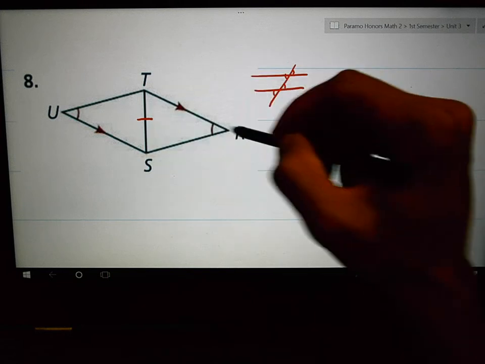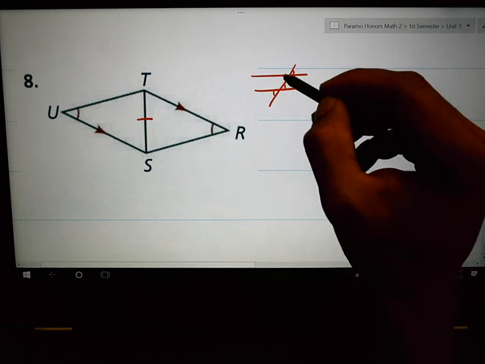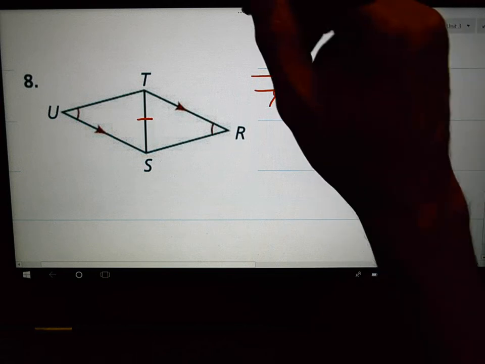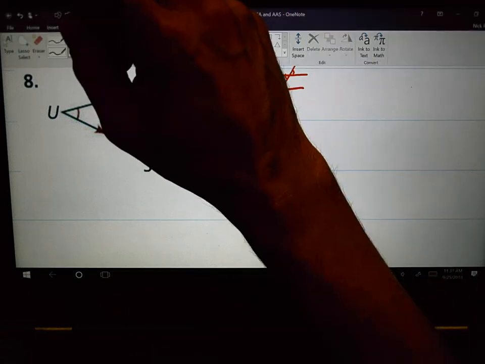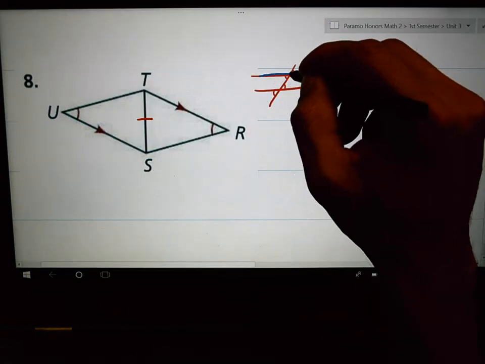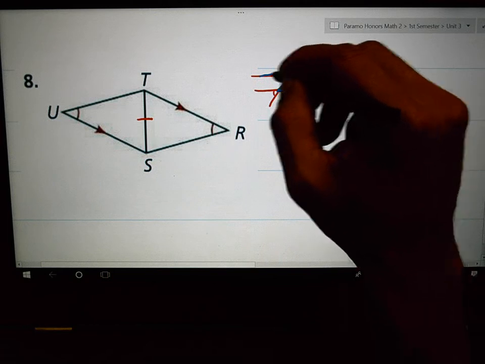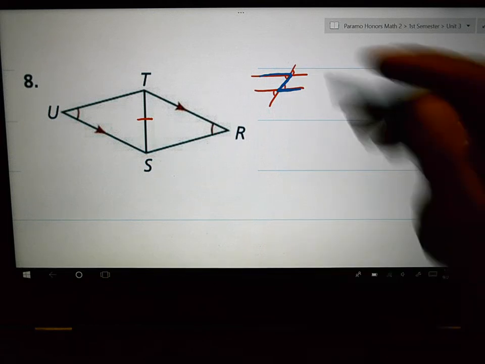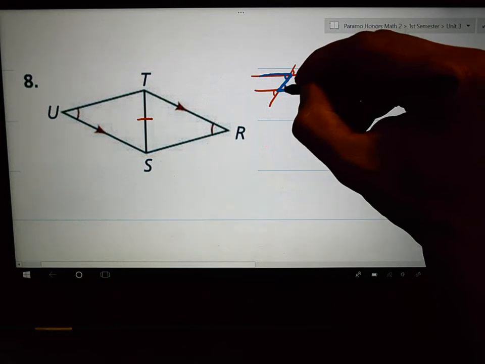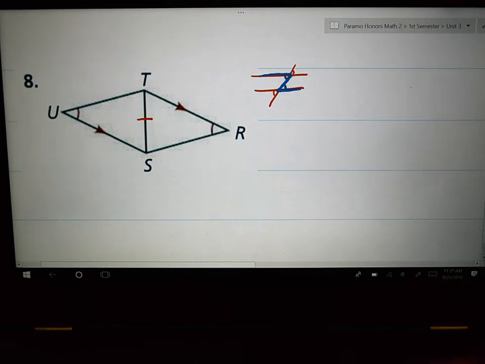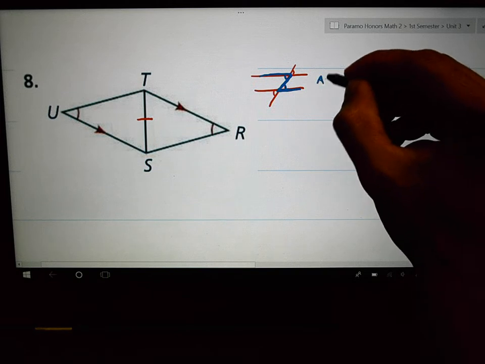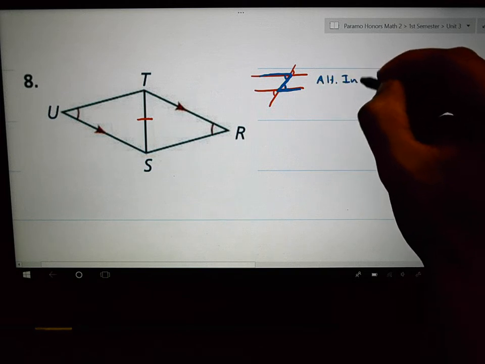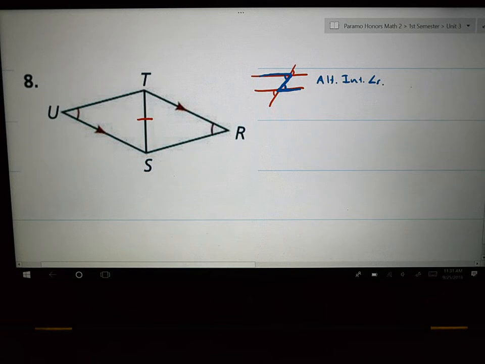If this is parallel to this and that's a transversal, then it's the exact same thing. Let me highlight it in blue as this Z shape, what you learned in Advanced Math 8. These two angles that are right here inside the Z or inside the N are congruent to each other because they're called alternate interior angles.